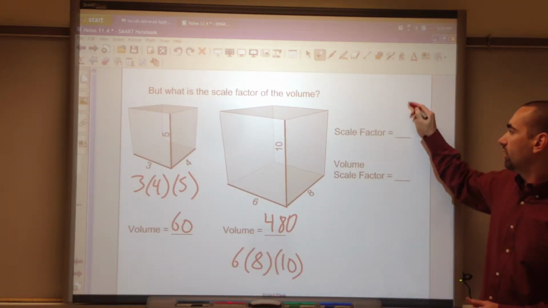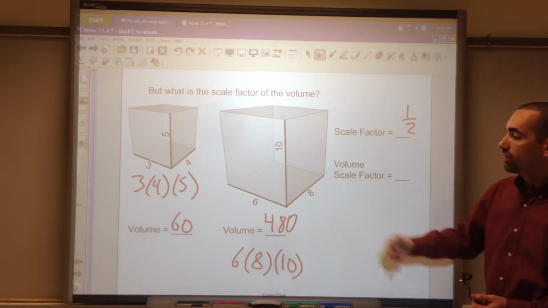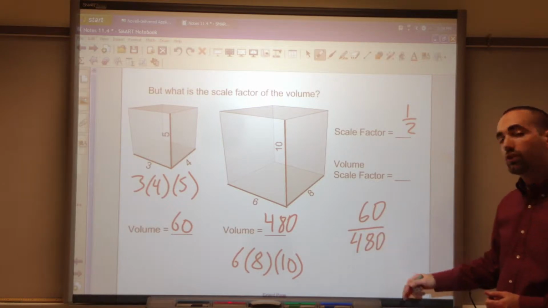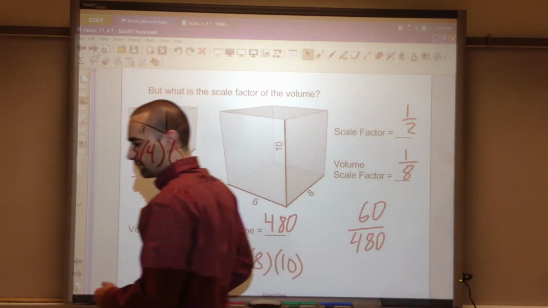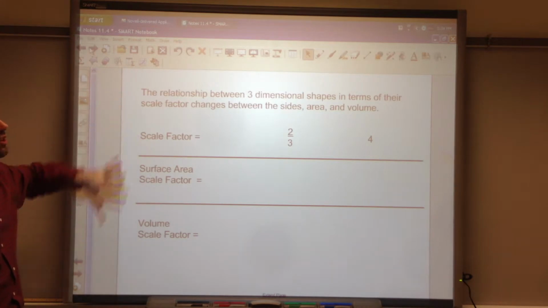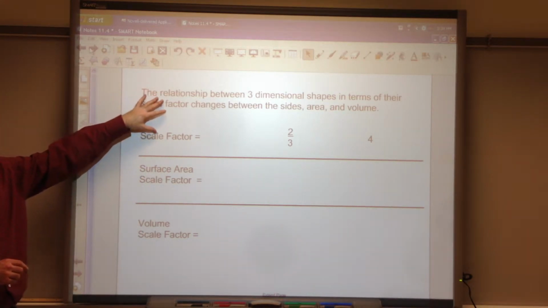Scale factor of the sides is 1/2. Scale factor of the volumes, 60 over 480, reduces to 1 over 8. So this leads us to the relationship between the sides and the area and volume.